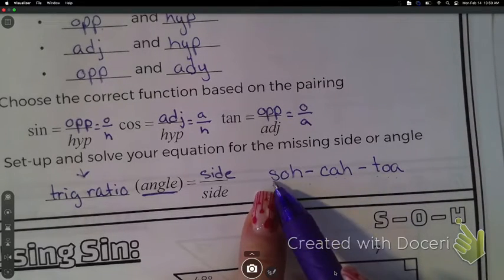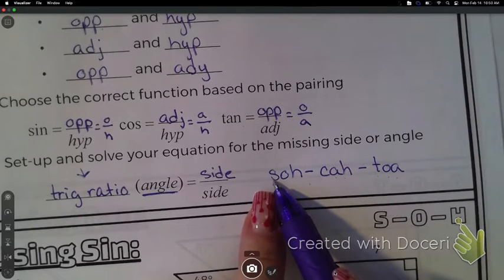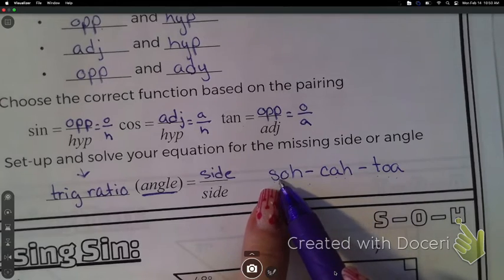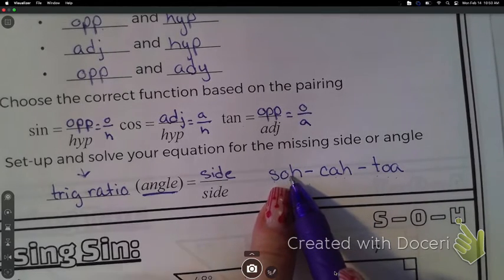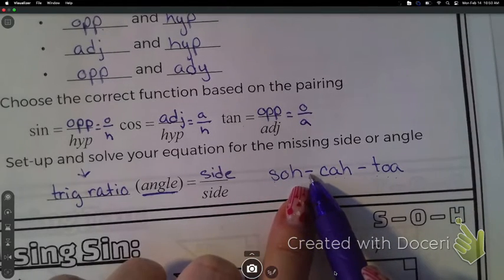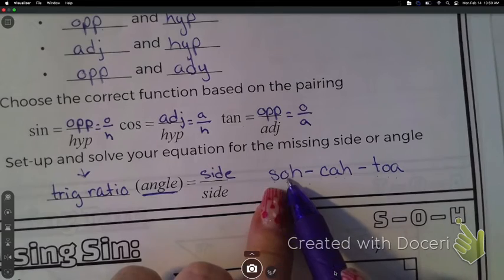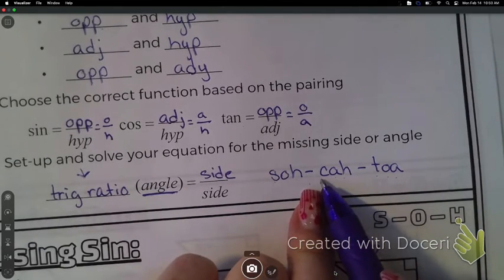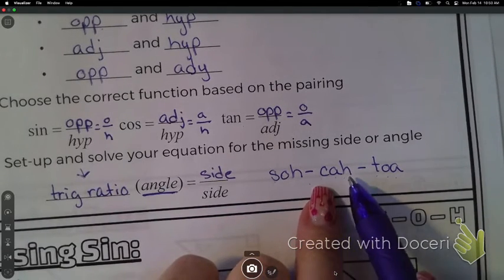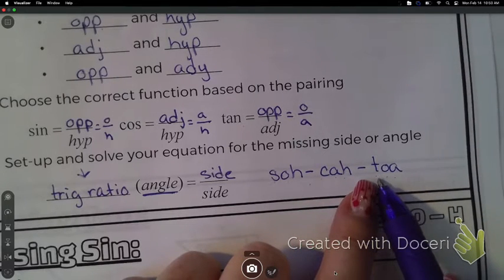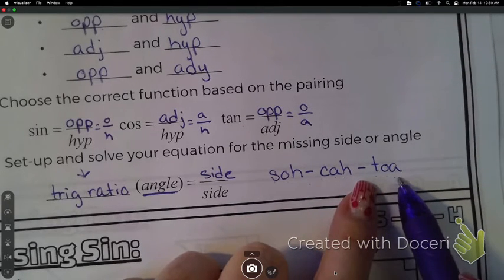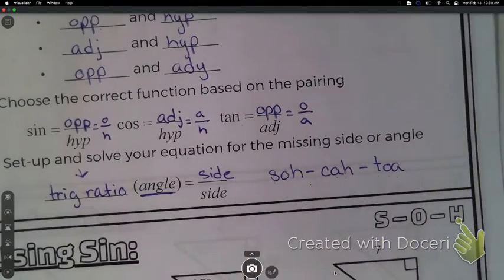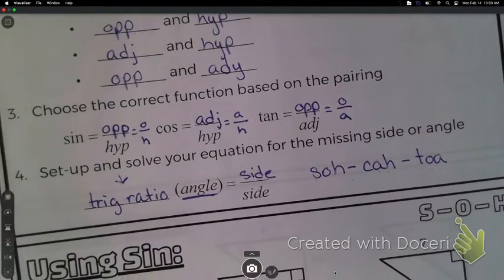S stands for sine, O is opposite, H is hypotenuse. So sine is opposite over hypotenuse. Cosine, adjacent over hypotenuse. And TOA, tangent, opposite over adjacent. So with that, I could do it.